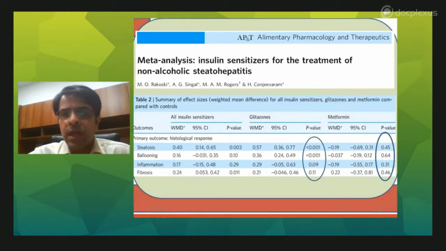So they may just help reduce the steatosis component, but they are not useful for treatment of steatohepatitis. And again, there are concerns with using pioglitazone in cardiac patients, and most NAFLD patients will have cardiac components. So these drugs are now not much used in routine clinical practice.